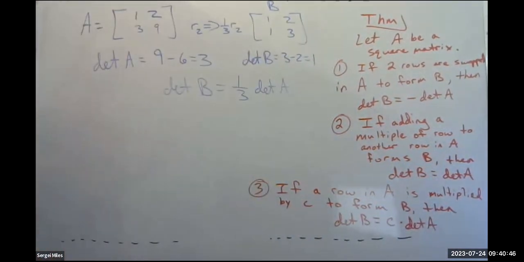So if you factor something out, you have to multiply in order to get that piece back.